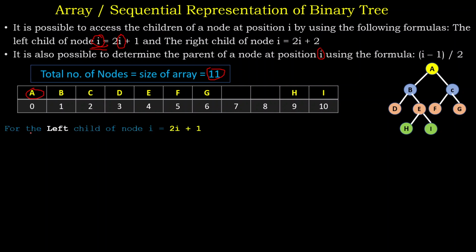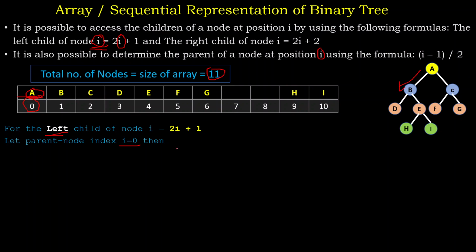So if you take the parent node index as 0, the first index, the A, I'm going to find the left child of the first root. The left child is B, so it must be the index of B.